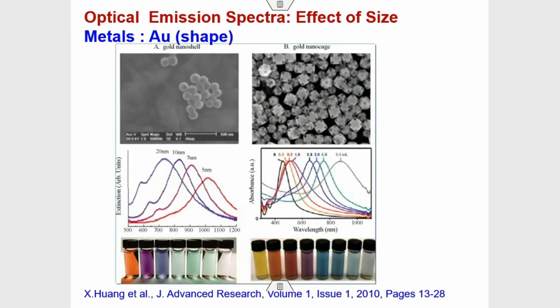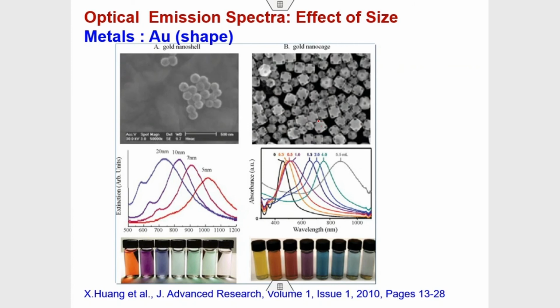Besides this shape factor, optical tuning is also possible by variation, like you can create a core-shell structure or a nanocage structure. As you can see here, the left side is a core-shell structure and the right side is the cage structure. You can see the gold nanoparticle within a cage. On the other hand, this is the core-shell structure.